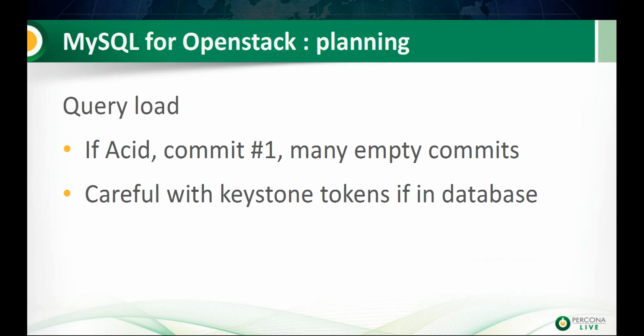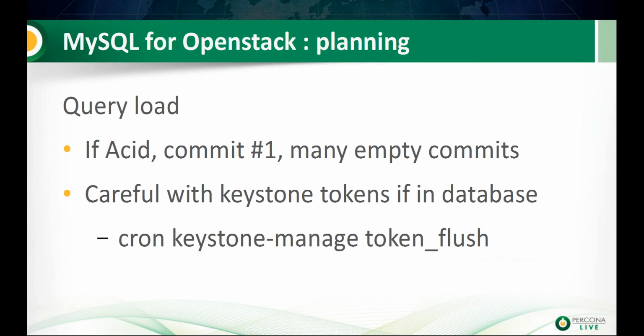The data set size is rather small. The only thing that could be a problem is the Keystone tokens if they are stored within the database. I believe the most efficient way is to store them in memcached, but if you do store them in the database, then I suggest that you cron the keystone-manage token_flush command.